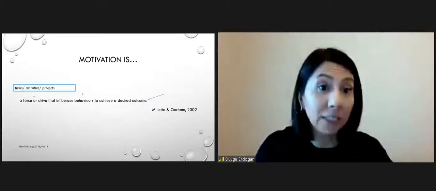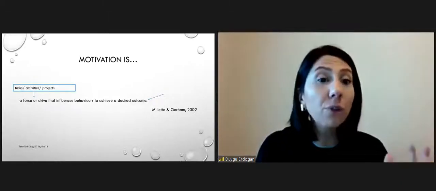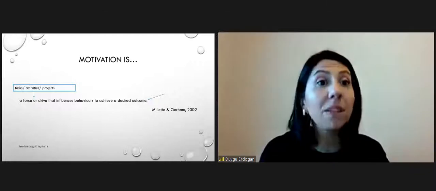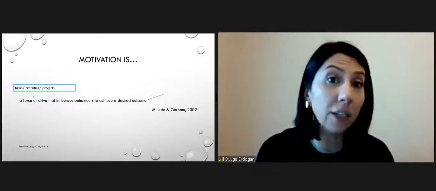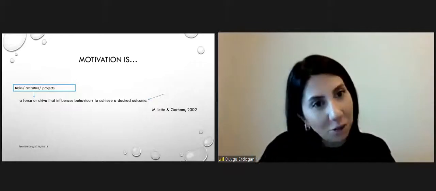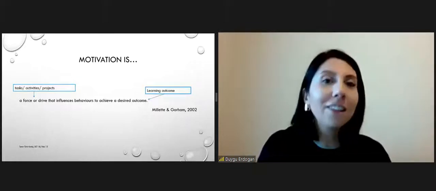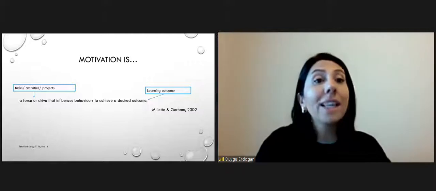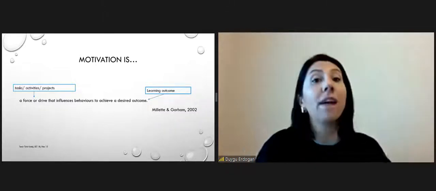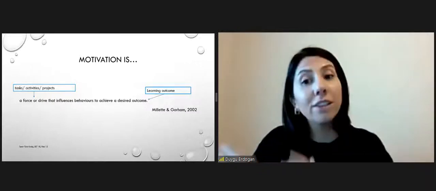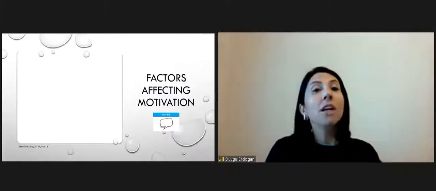Now, in our case, because we are in the classroom, the drive or the forces that influence our behavior are going to be the tasks, the activities, and the projects that we are going to be using in the classroom, okay? And the desired outcome, obviously, is going to be the learning outcome. So how can we help our learners become eager and motivated so that they are going to go to the learning outcome?